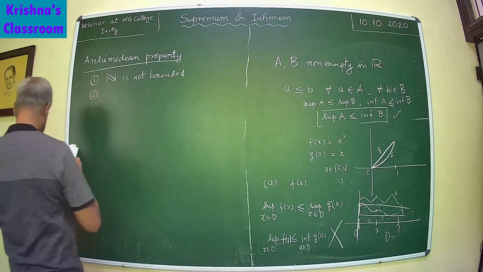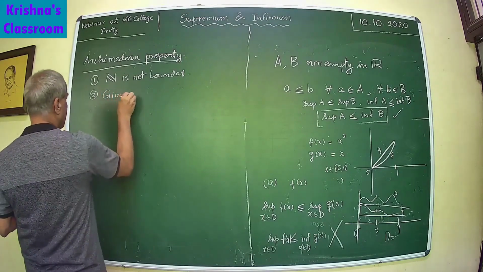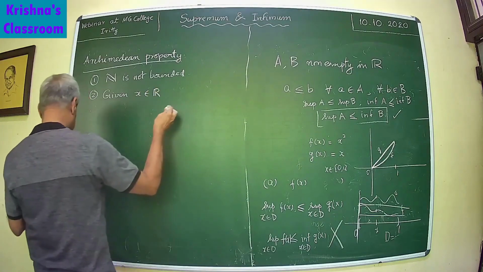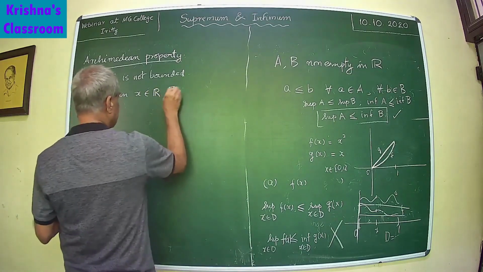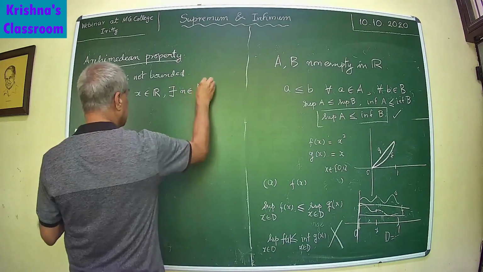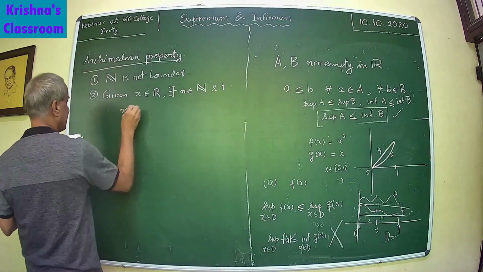Given x belonging to R, there exists n belonging to N such that x is less than n.